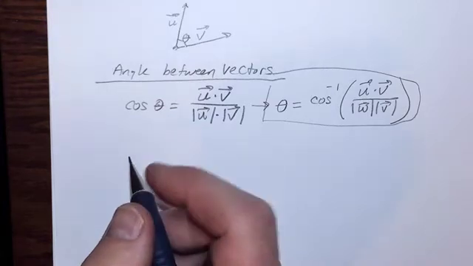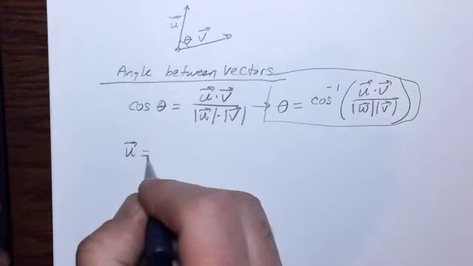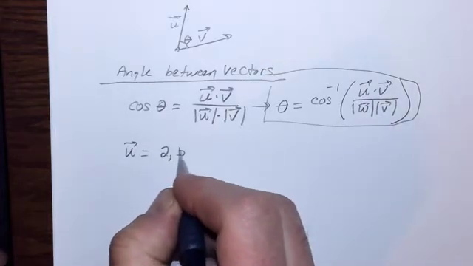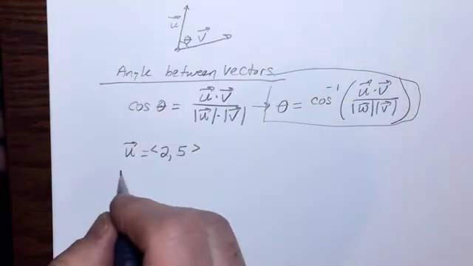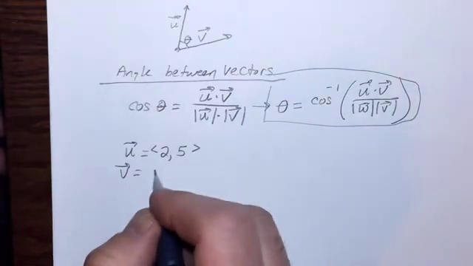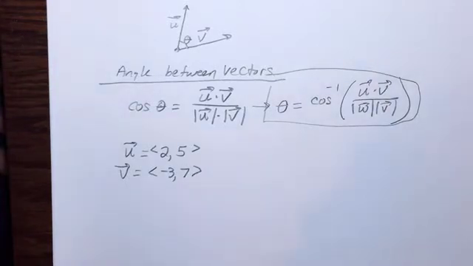Let's say that we had a vector u that was the vector 2, 5 in component form, and v is the vector negative 3, 7. And I want to find the angle between them.